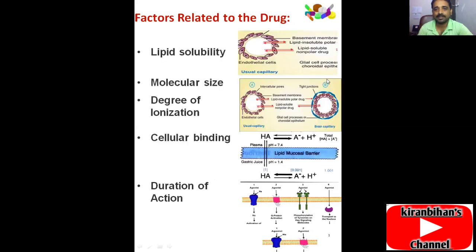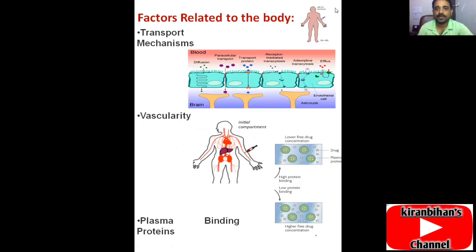Here, the efflux mechanism is important, because if the expression of these proteins, the glycoproteins, is more, the efflux mechanism will be more. So the drug will be unable to go from one side to another. So the transport mechanism also has a role in the volume of distribution.